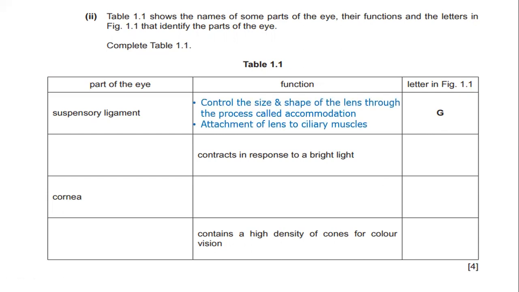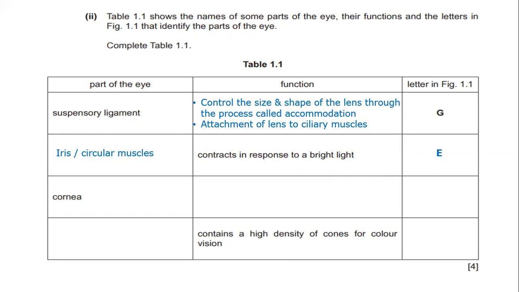And what is the function of contracting in response to bright light? Other name for iris is circular muscles. So the function is to contract in response to bright lights. So the letter in figure 1.1 is supposed to be A. Cornea.